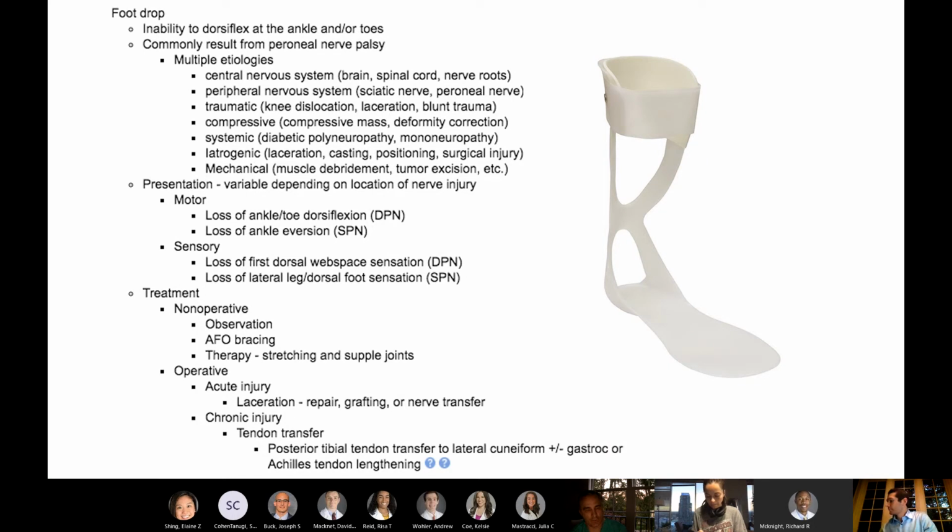And usually what you're doing is taking the posterior tibial tendon, and for a Bridle, you bring over the peroneus longus in addition after it's been tenodesed to the brevis on the side of the foot. And essentially that provides you a grade 3 strength as far as dorsiflexion, possibly grade 4. They do stretch out over time.